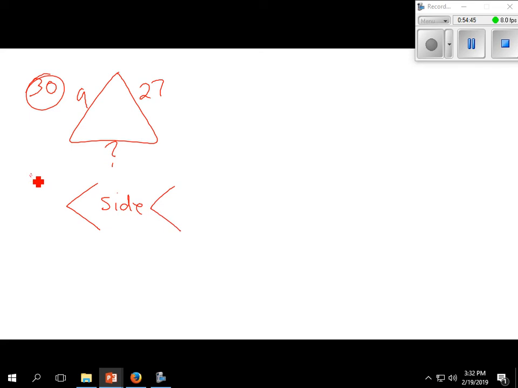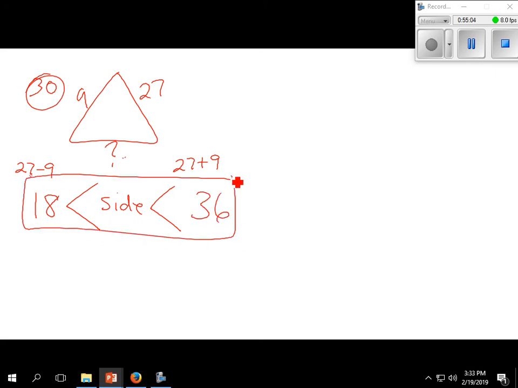The low end, the lowest that this third side can go to, the length of it, we just take the two sides and we subtract them. So 27 minus 9, which is 18. On the high end, all you do is you add those two, 27 plus 9, which is 36.